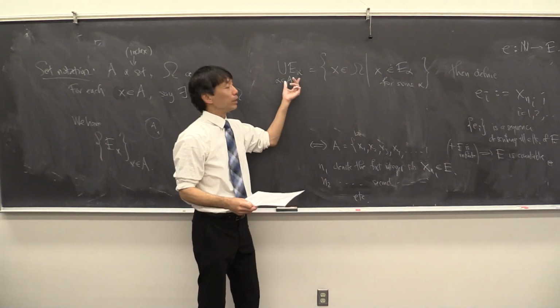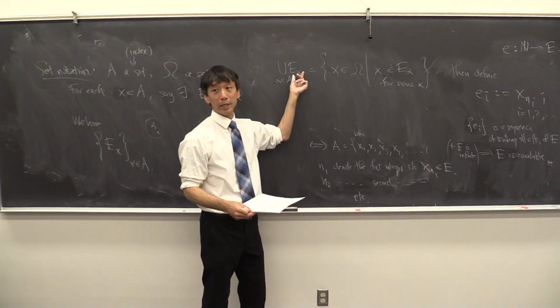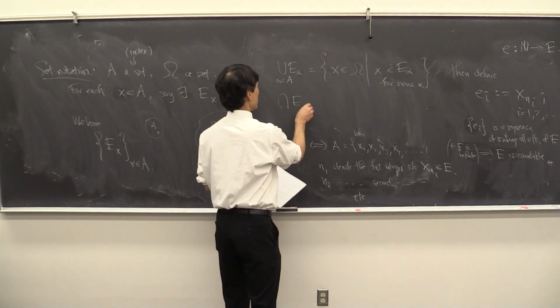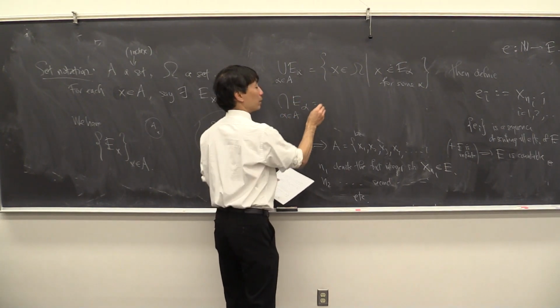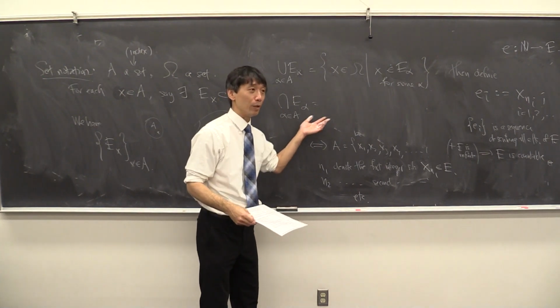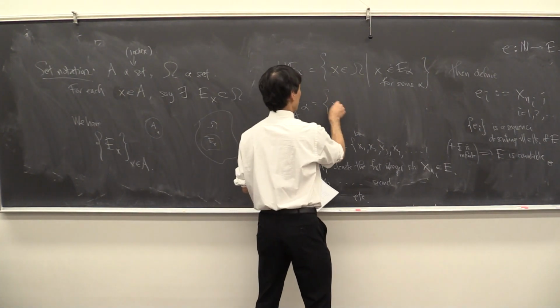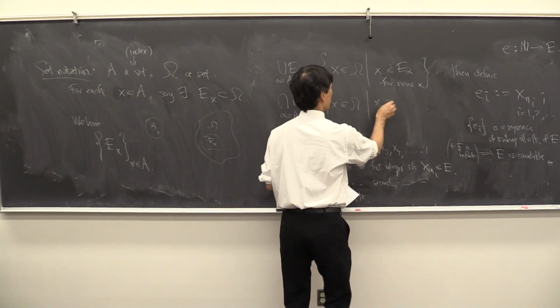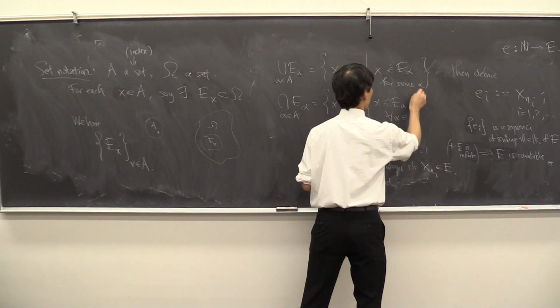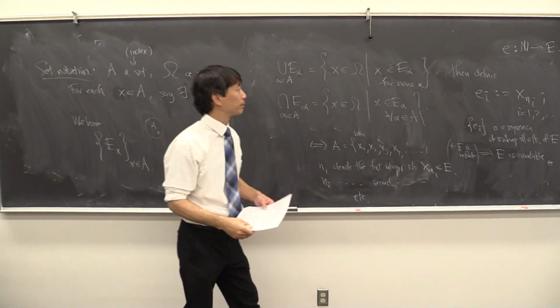The union means that you lie in at least one of these sets. And the intersection means that you lie in all of them: all the points x in Omega where x is in E sub alpha for all alpha in A.